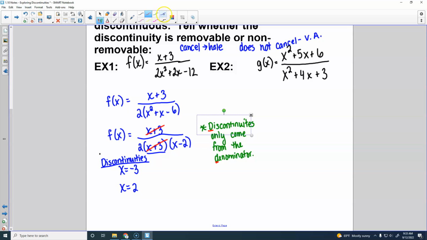So if it cancels, that tells me that I have a removable discontinuity, whereas at x equals 2, this is non-removable. Specifically, it is a vertical asymptote there instead of a jump.